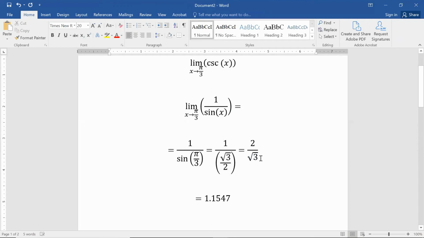So you could have done that. I am simply going to choose to round it to 4 decimal places. The key concept, though, is that you just plug in pi over 3 because it's in the domain of sine. It's also in the domain of cosecant because when you plug it into sine, it's not 0.